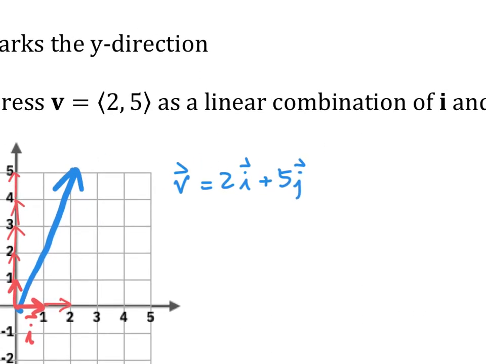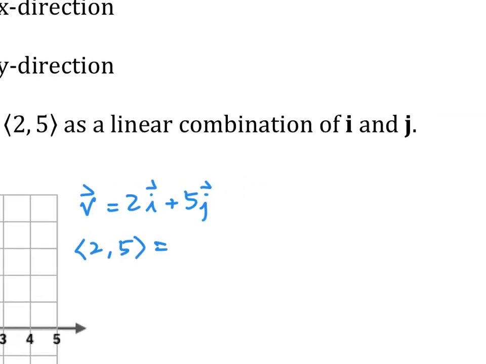Okay, let's show that algebraically this is correct. V vector is 2, 5. And then 2 times the I vector plus 5 times the j vector. Okay, so let's solve this. Scalar times a vector, you just multiply each component with the scalar.